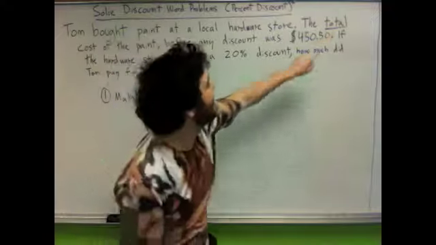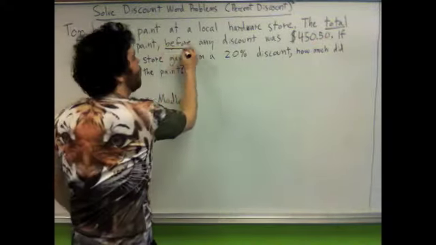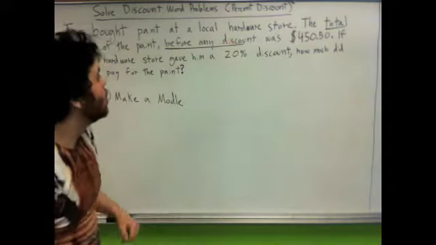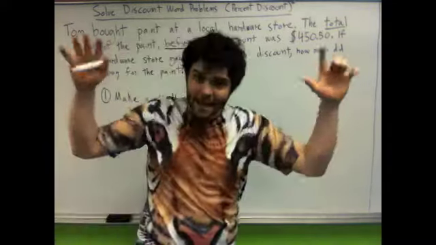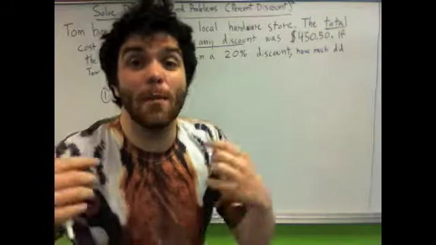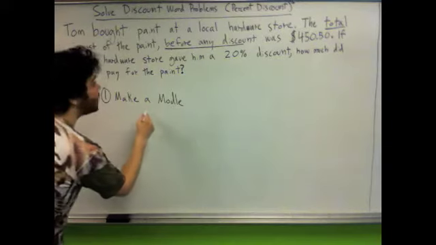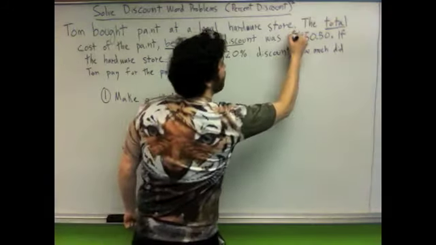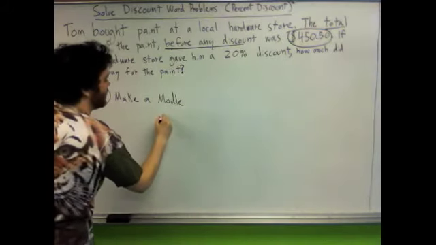So not only is it saying total, but it's saying before any discount was $450.50. Ding, ding, ding! We have found our total. We've got to put it at the top of our model. $450.50 is our total. We're going to put it right up top.